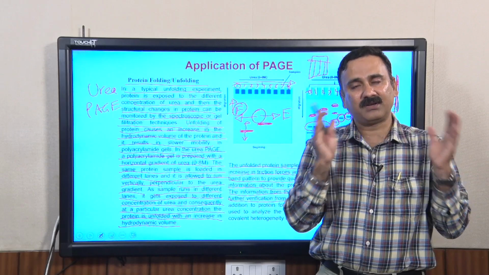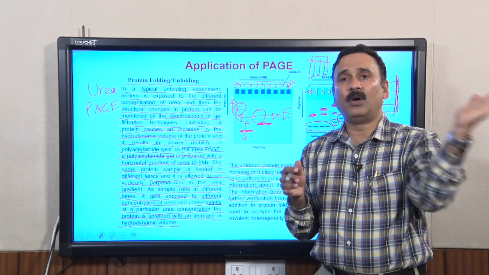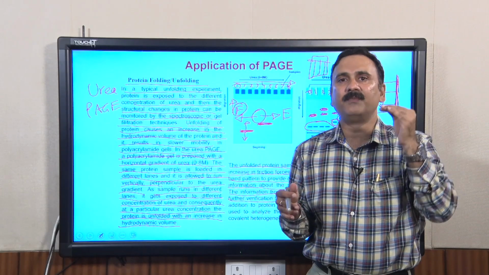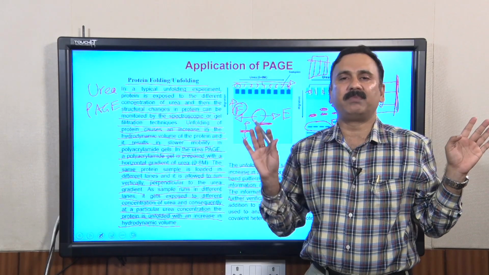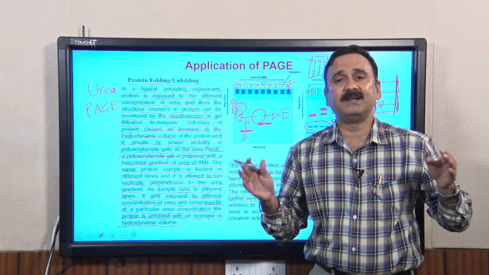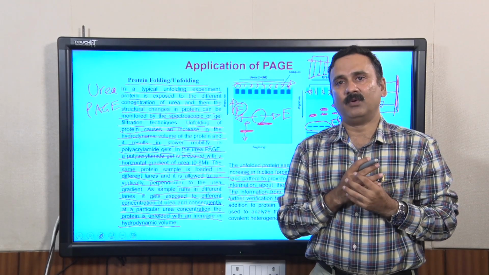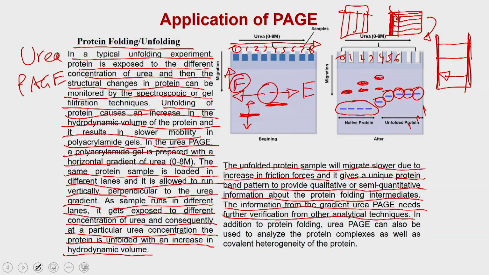If you have a tetramer, once all the protein is denatured you will see 4 bands, because all 4 subunits are separated from each other, and all are going to migrate at a different relative mobility. So, in addition to protein folding, urea PAGE can also be used to analyze protein complexes as well as the covalent heterogeneity of the protein.